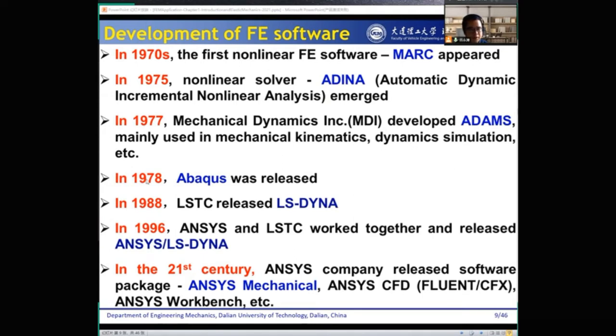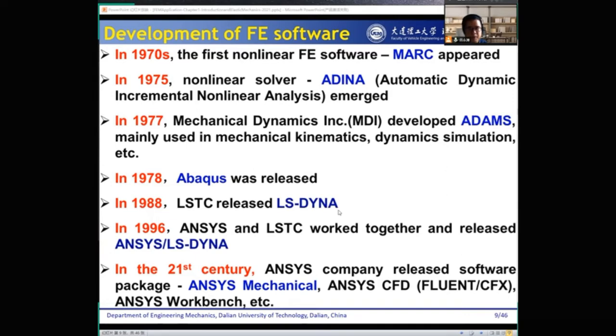And in 1978, please remember this year, Abaqus was released. Abaqus is the most widely used FE software nowadays. Then in 1988, Dyna was released. It is also widely used, but compared to Abaqus, it is mainly used for crash simulation.